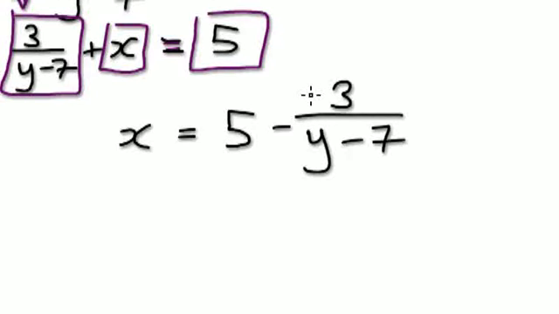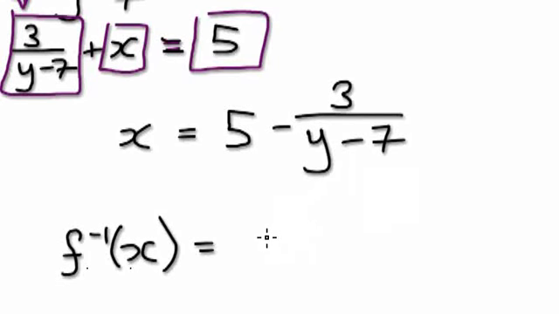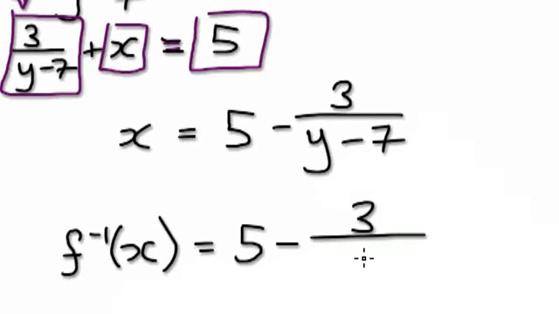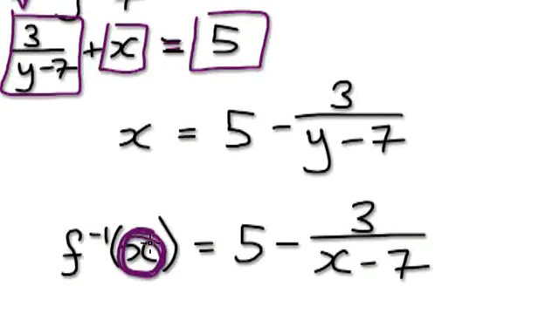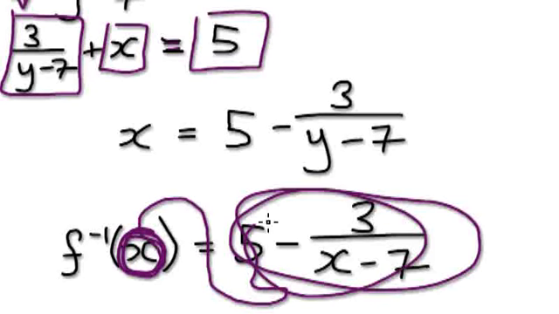So now you can actually say this: the inverse of x equals 5 minus 3, and then change this y back to the x here, because at the moment we've got a function where we're going to put whatever x is here into whatever x you see over here.